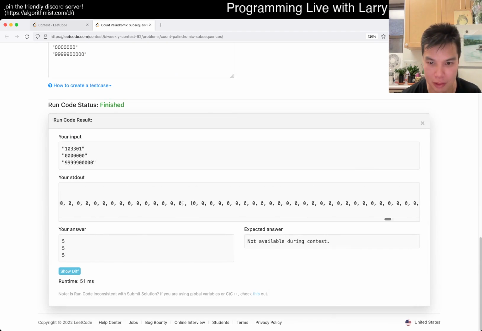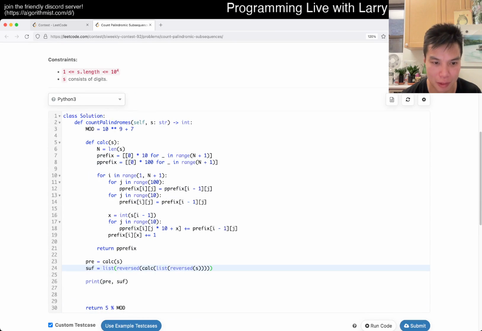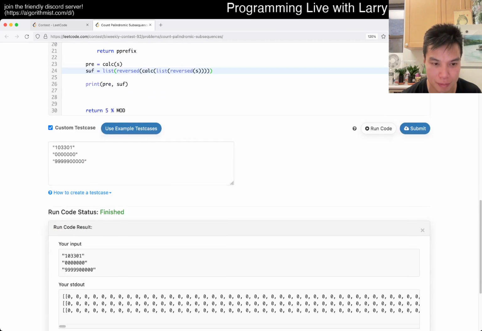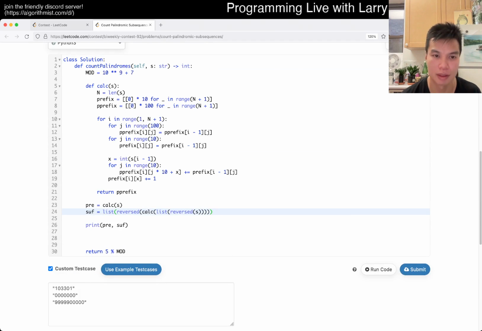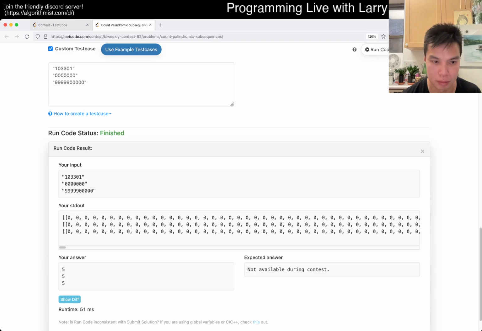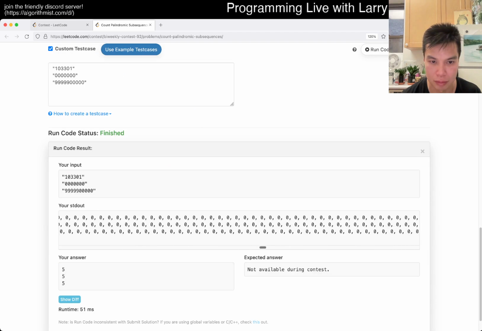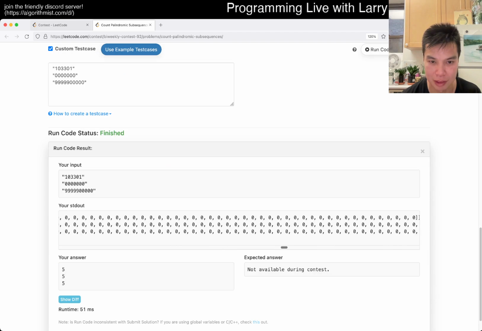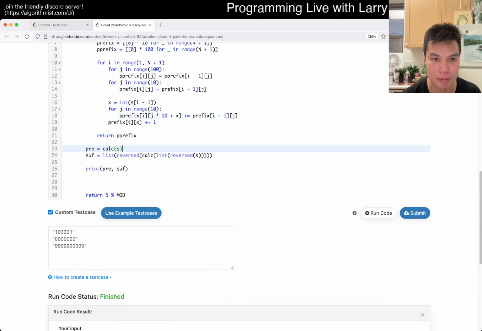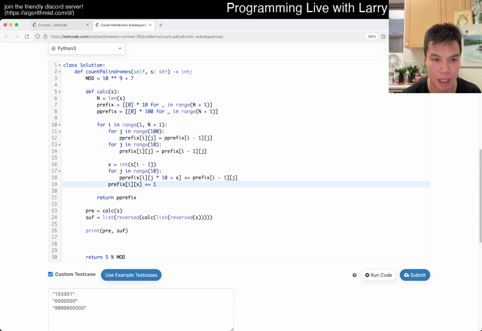Okay, so this looks okay. I mean, it's printing crap, but does it have any ones? This should add something to it.